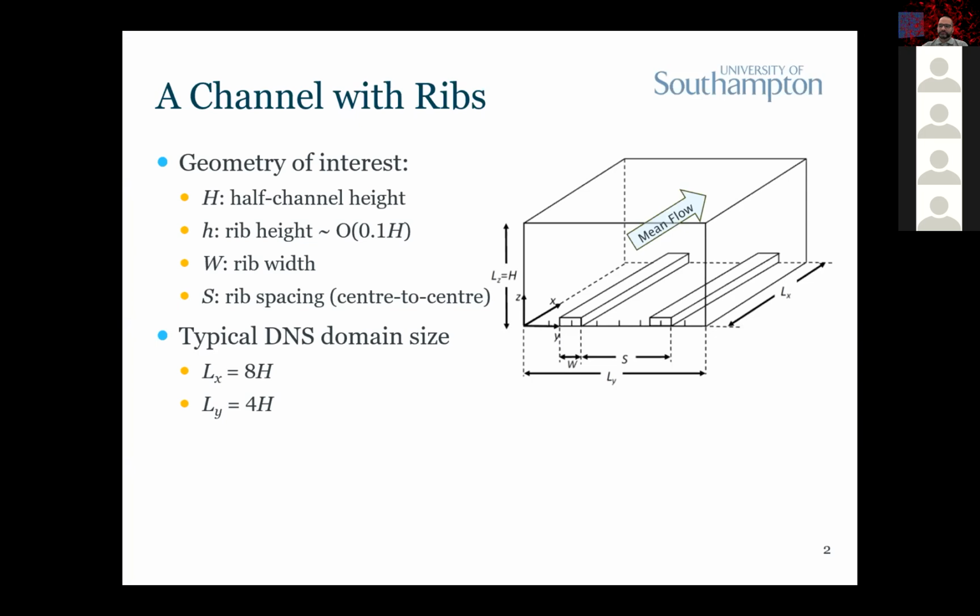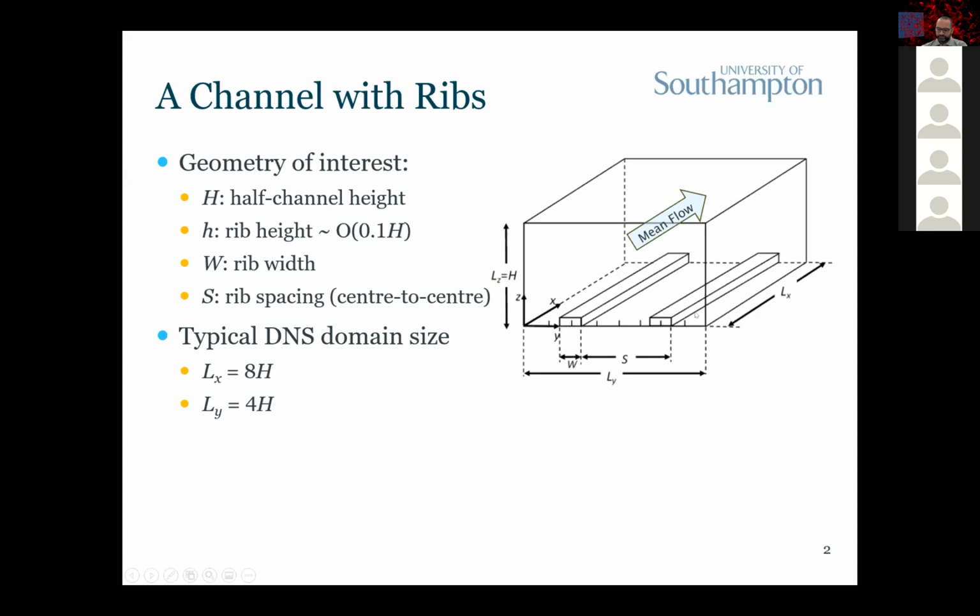It's a channel flow where on the bottom wall there are large longitudinal ribs. This is the schematic that you are seeing here.